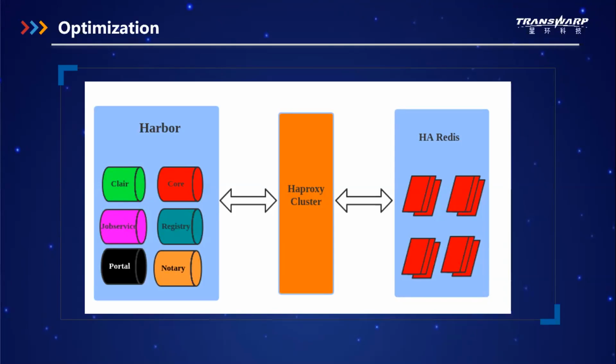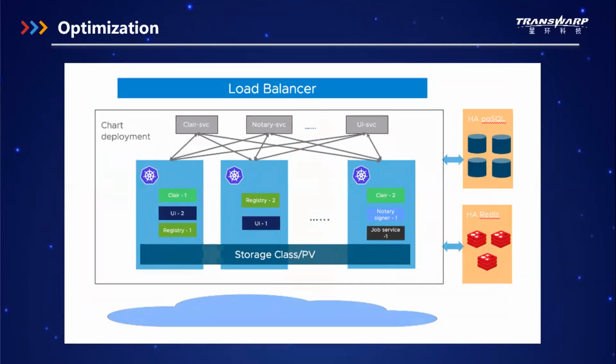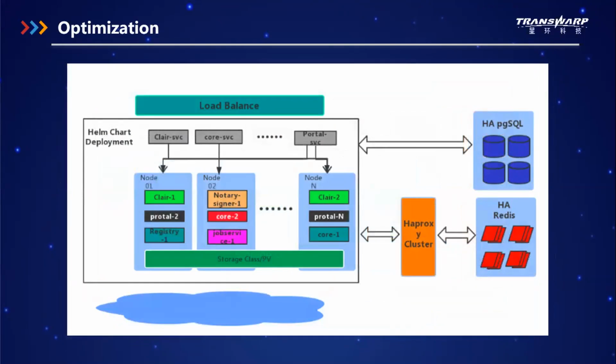This is the old artifact I downloaded from the Harbor website. This is the new one. You can see the Harbor cluster, and you can see the Harbor HA proxy cluster.